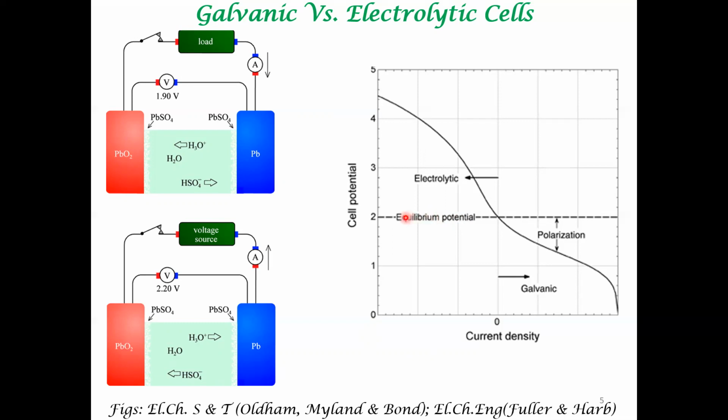During the discharge of the battery, the potential which you obtain is less than the maximum potential that is theoretically obtainable, which can be calculated from the principles of thermodynamics, let's say it's about 2. We never get 2, we get something less than 2. The difference between the potential which you get from the battery and the equilibrium potential is called polarization. The polarization can also be defined in the electrolytic operation.